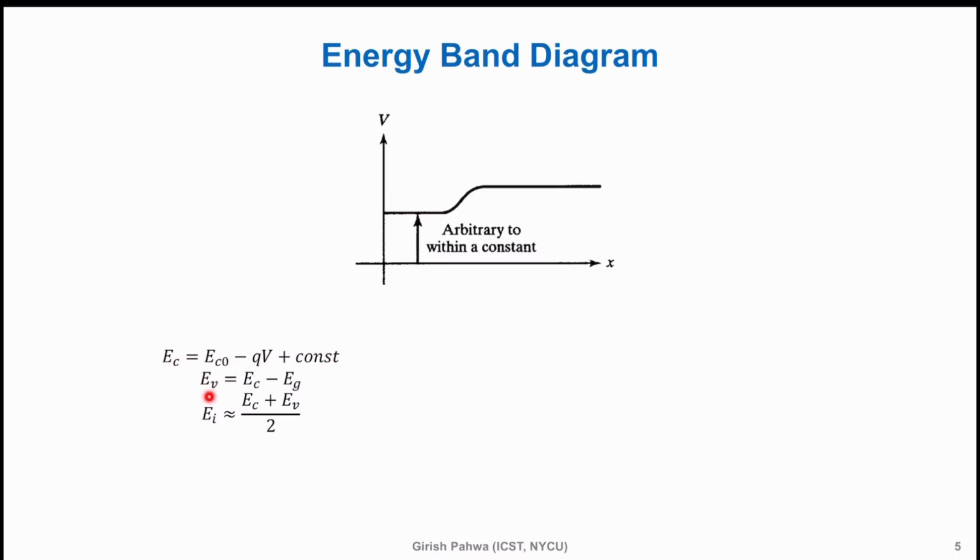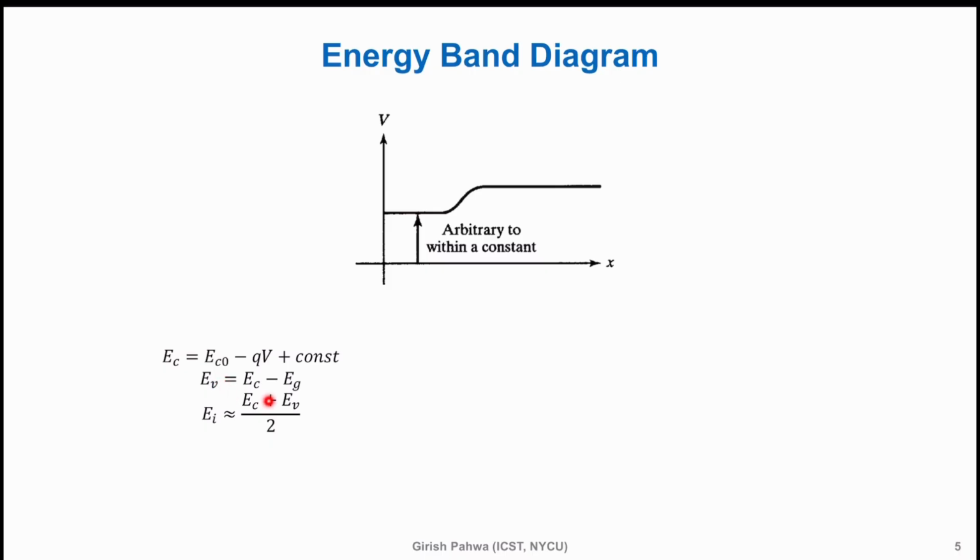Now I know that the valence band edge is going to be EC minus EG. True? EG is the band gap, that is a known energy. So if I know the variation of EC as a function of x, and EG is constant, I also know the variation of EV. This is a function of x, this is constant, so EV becomes a function of x.